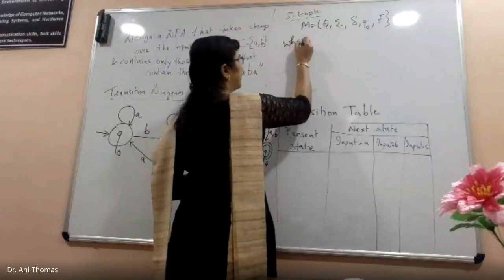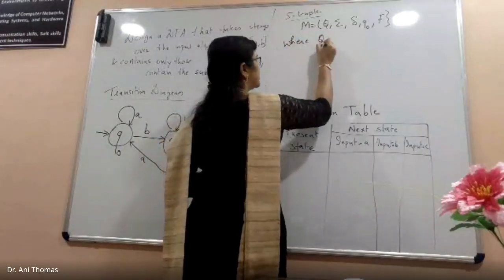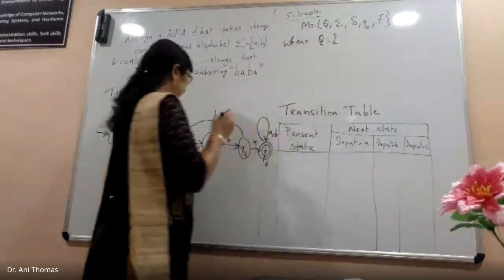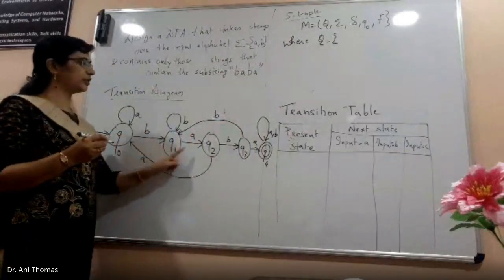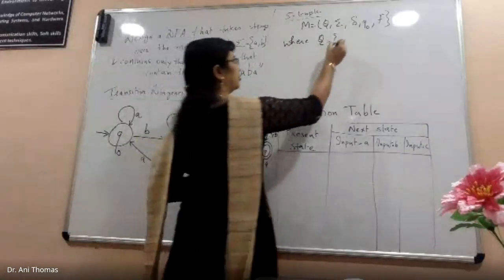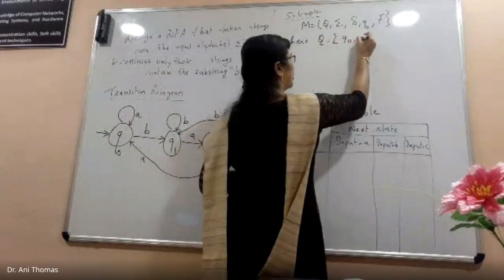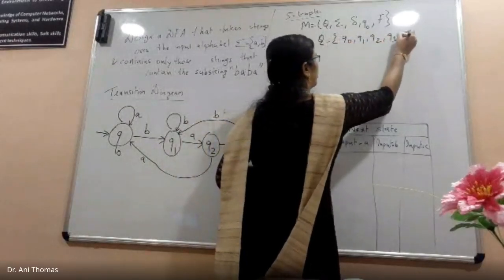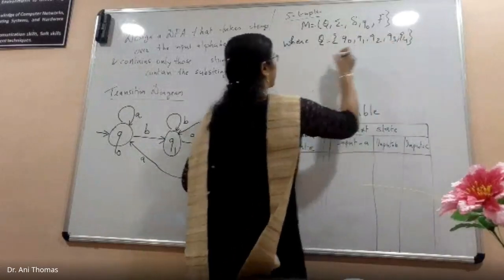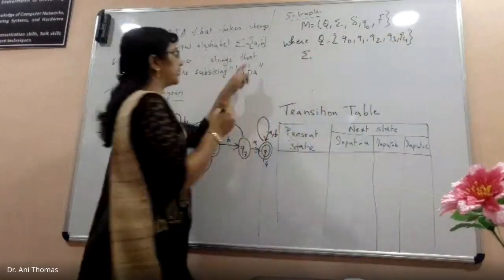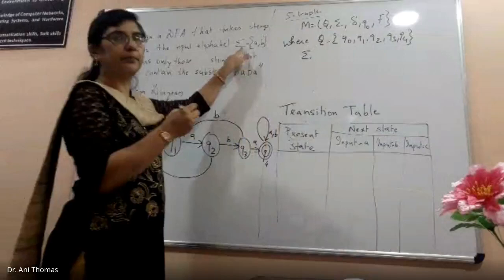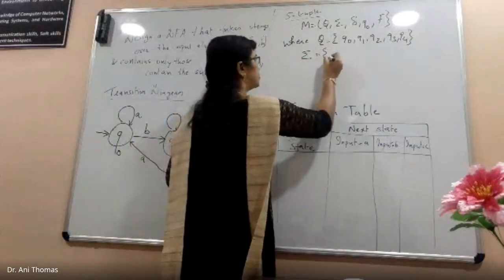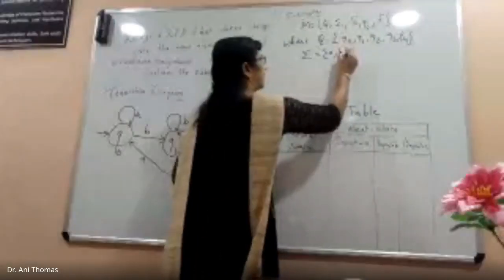How will we depict it? Q is equal to all the states existing over here: Q0, Q1, Q2, Q3, Q4. Sigma is already given in our question, the input alphabet sigma is equal to {A, B}.